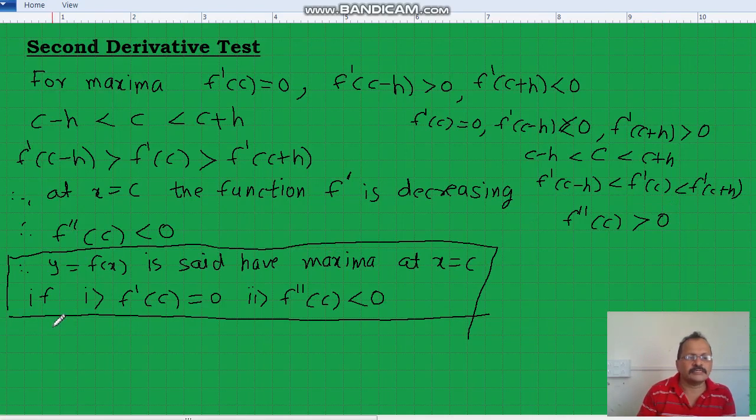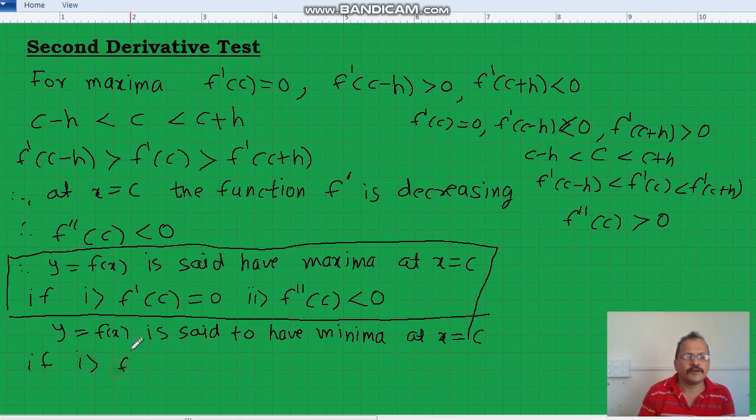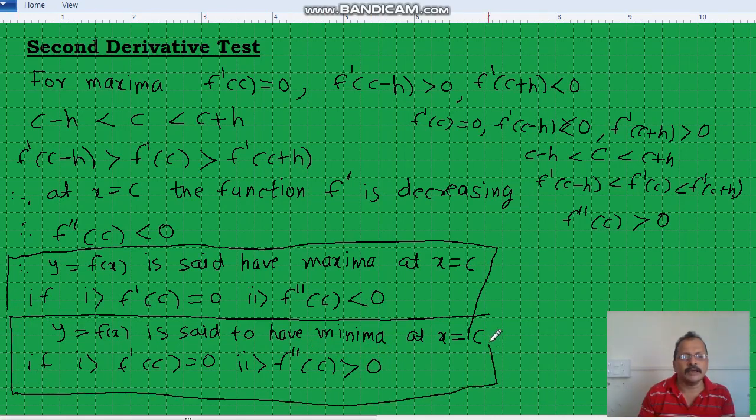So we can say that the function y equal to f(x) is said to have minima at x equal to c if first f dash c is equal to 0, and second f double dash c is greater than 0. This is the complete second derivative test for maxima and for minima.